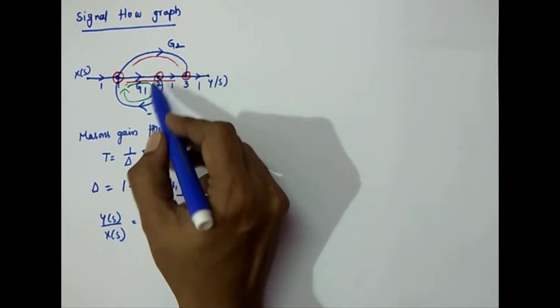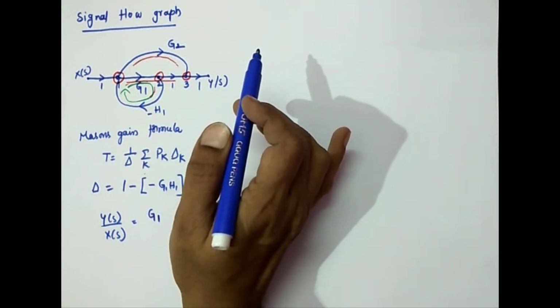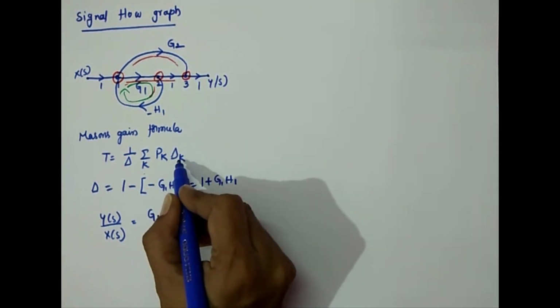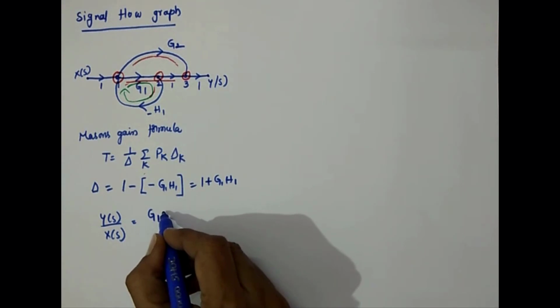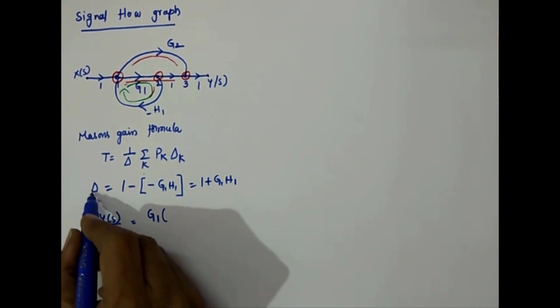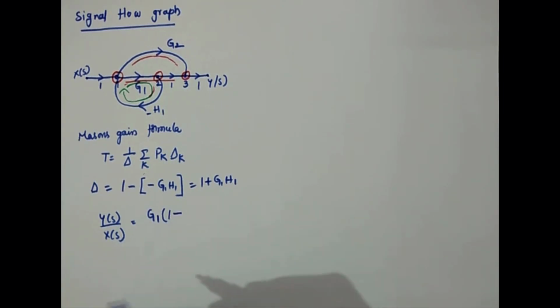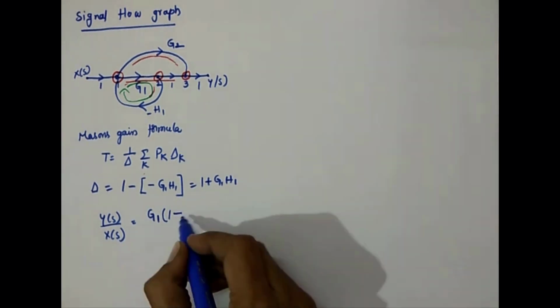But it is touching the two forward paths. So, what about delta k here? You have to write 1 minus, but there exists only one loop which is touching the two forward paths. So there are no loops which are not touching the forward paths. Hence it is 0.